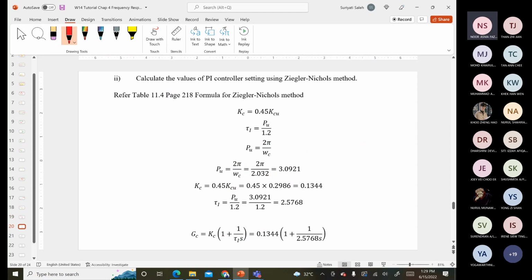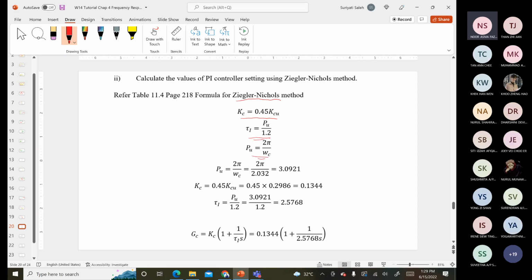So we know the KCU value. We refer to the following table where Ziegler-Nichols has the following formula. Kc equals 0.45 KCU, and then tau I equals Pu over 1.2, where Pu equals 2 pi over WC.